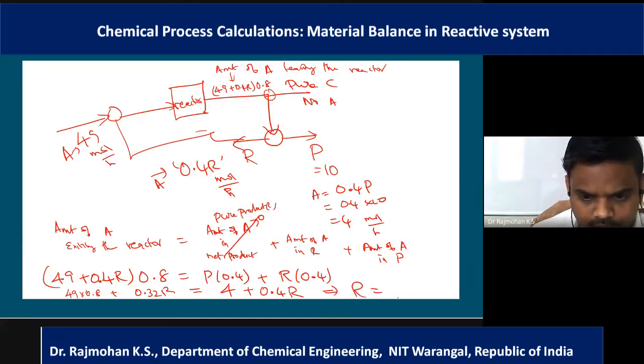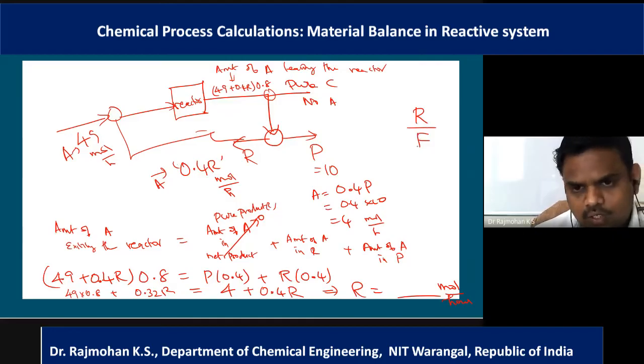Simplifying, you will get the value of R in moles per hour. Please report the value. Once you find the R value, you can report R by F. So what is the value of R? Simplify and solve it.